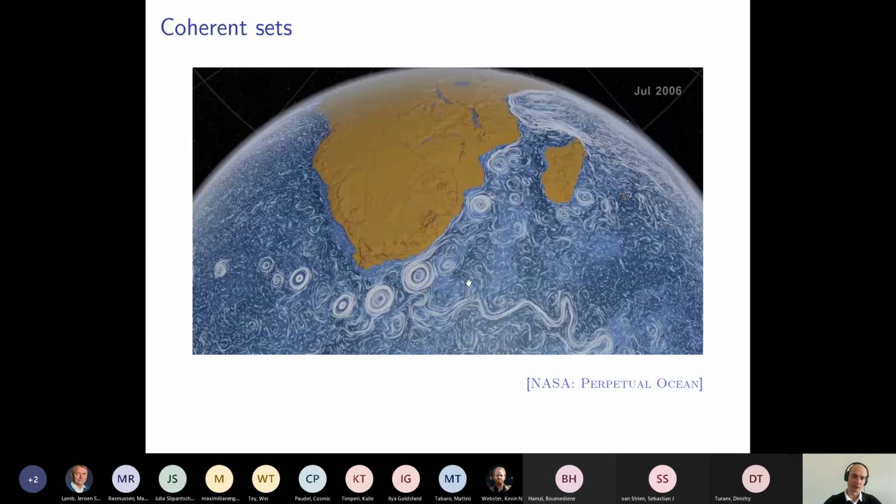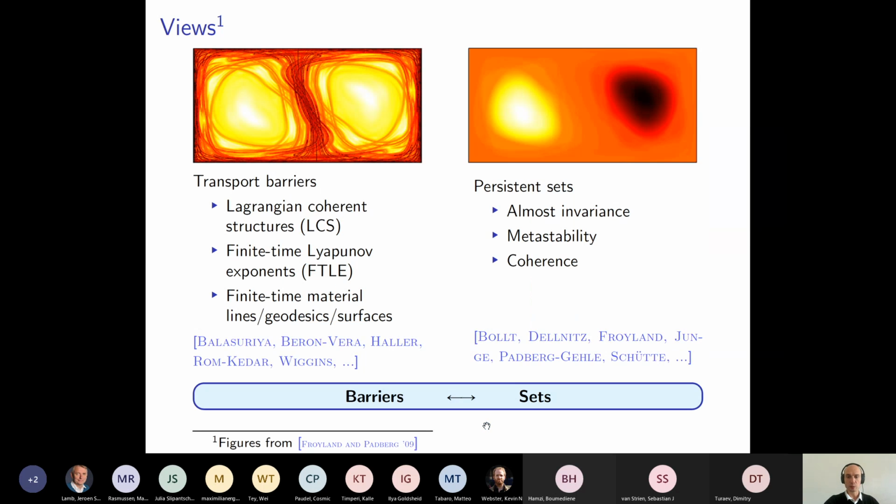So, for instance, these so-called Agulhas rings are very famous examples of these coherent sets. So this is what I would like to tune in to in my talk, and of course, to give credit to the giants on whose shoulders I'm standing.